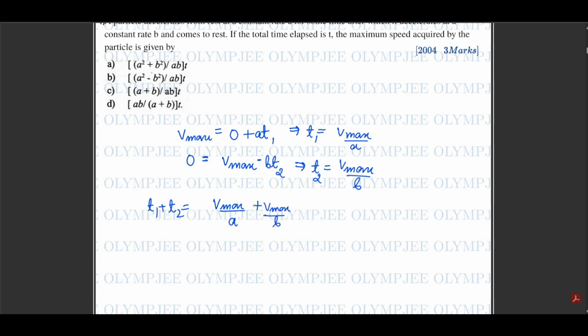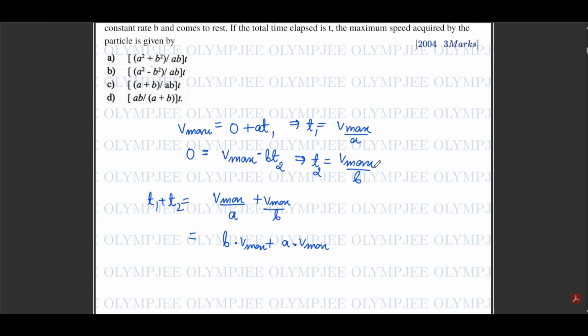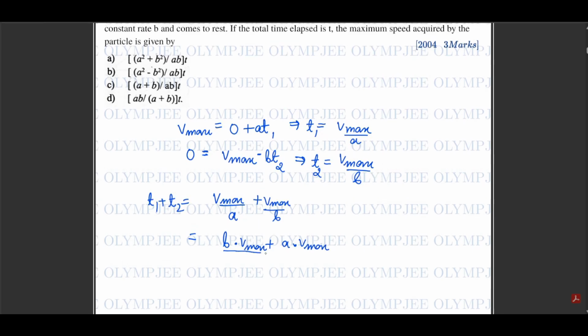So this will become t into ab equals b v max plus a v max. We need to find v max only, so t was the total time. So v max will be given by ab by a plus b, into t.